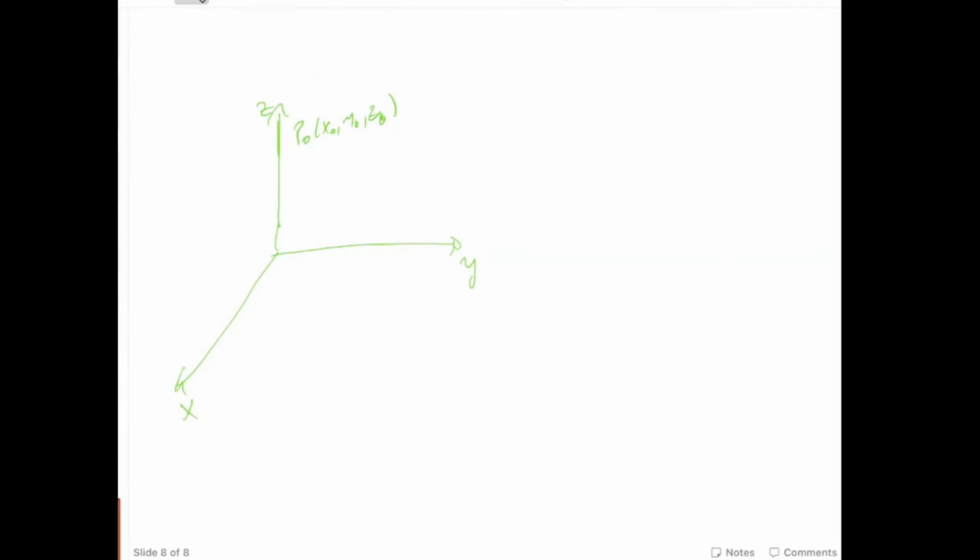So a line L passing through that point, and which is given with a direction, that means parallel to a vector V, and V is given as V1 I plus V2 J plus V3 K.